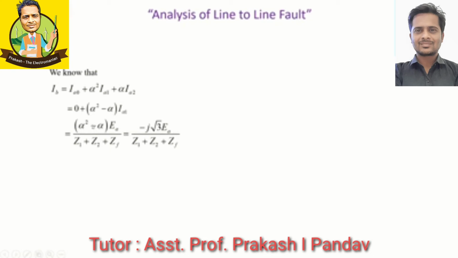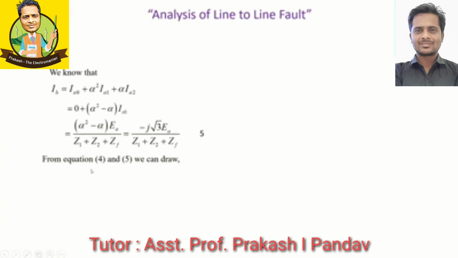And alpha square minus alpha, if you take the difference, gives the value minus j root 3. So we get IB equal to minus j root 3 EA divided by Z1 plus Z2 plus ZF, in terms of positive and negative sequence impedance, phase voltage, and the fault impedance. IB is the fault current. So this is the equation of the fault current for the line-to-line fault.